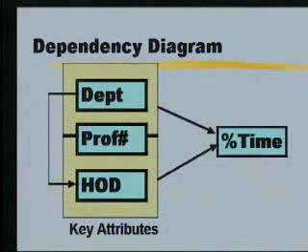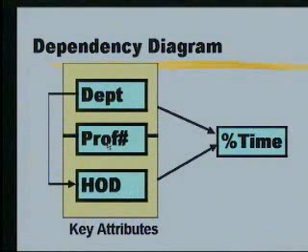Now the dependency diagram is what we should like to see here. The department is part of the whole key. The attributes on the left hand side which you are seeing here are all key attributes, and there are two candidate keys. The first candidate key is department and professor number, and the second candidate key is professor number and HOD. If we consider department and professor number, they uniquely define the percentage time.